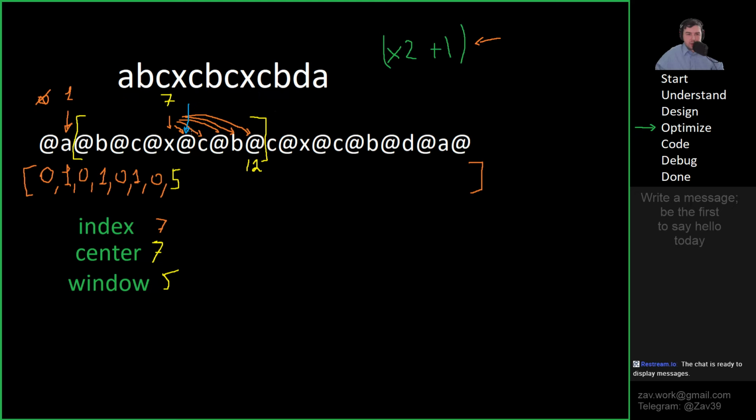Since we know that the left side of this window is a mirror of the right side, this symbol will be equal to this one, and this symbol is equal to this one.